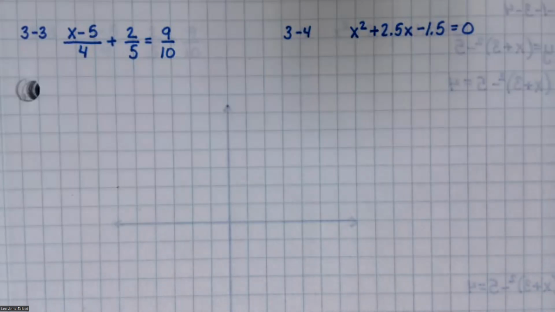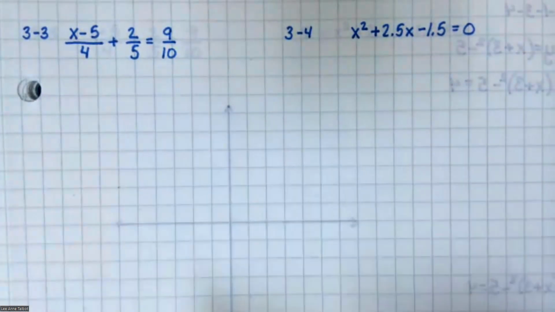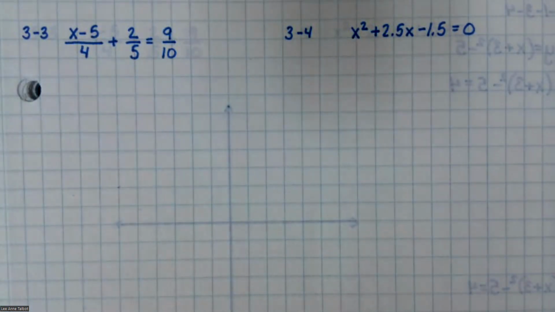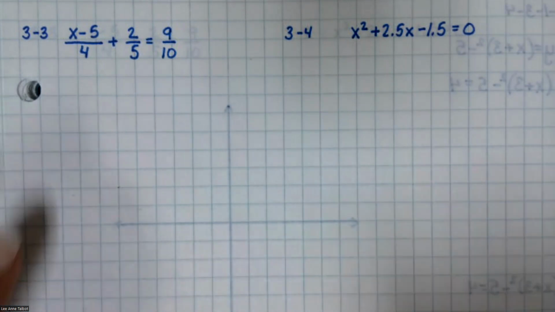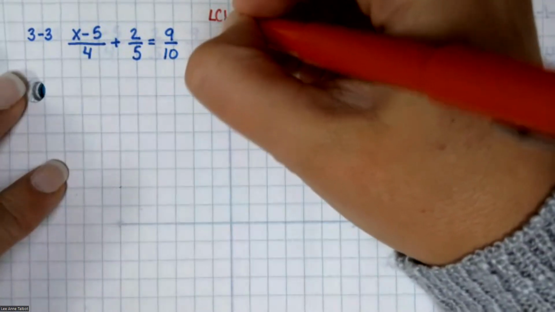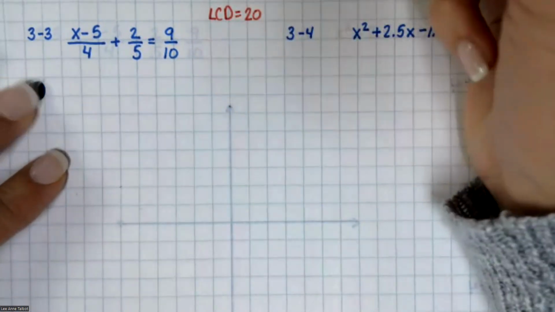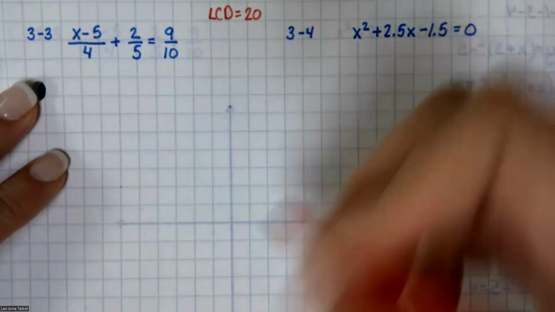Okay, starting here. What is the least common denominator of 4, 5, and 10? 20. Thank you. The least common denominator is 20.